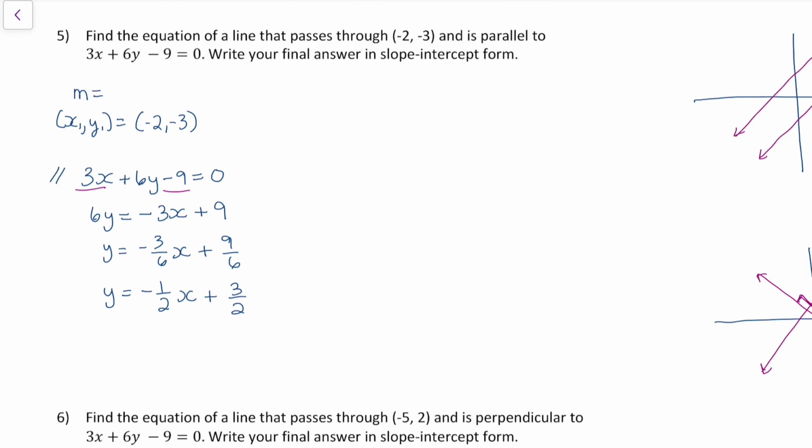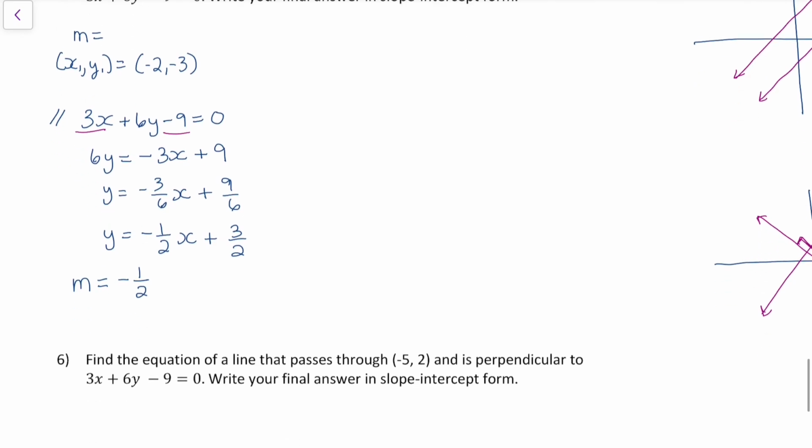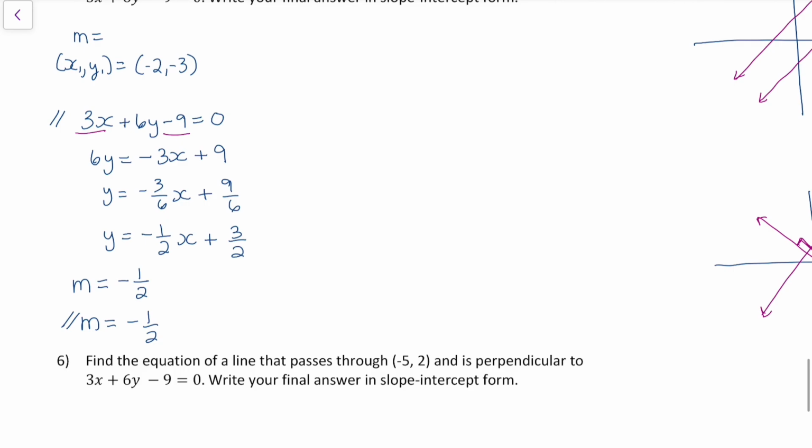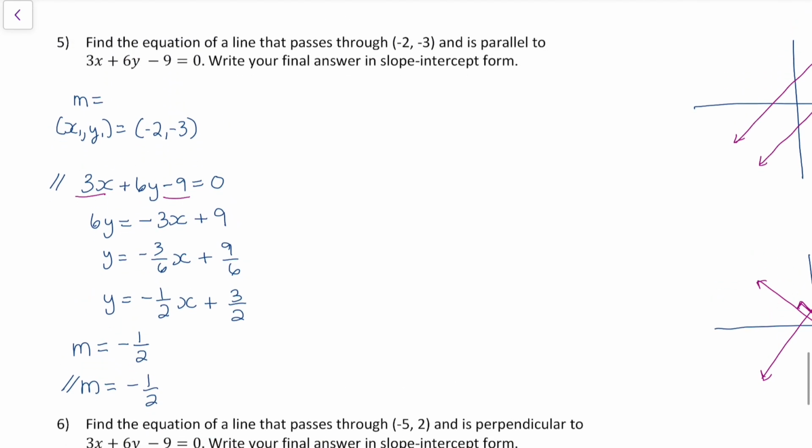Okay, so the slope of this line is -1/2. So the parallel slope must also be -1/2. So that means I'm finding the equation of a line that passes through the point -2, -3, and it has a slope of -1/2 because it's parallel to that line, or the same slope as that line.